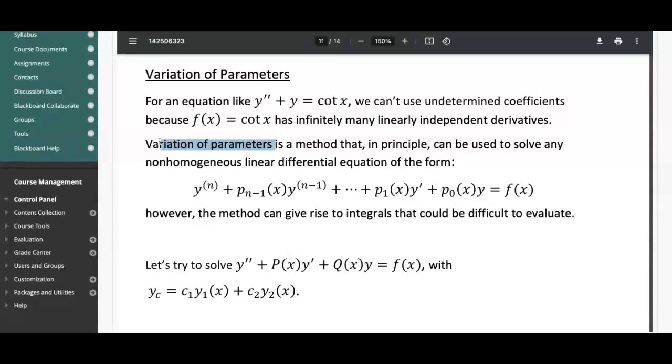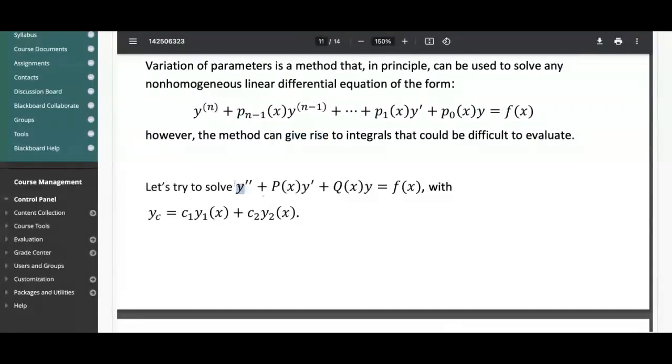So variation of parameters is a method that in principle can be used to solve any non-homogeneous linear differential equation of such form. However, the method can give rise to integrals that could be difficult to evaluate.